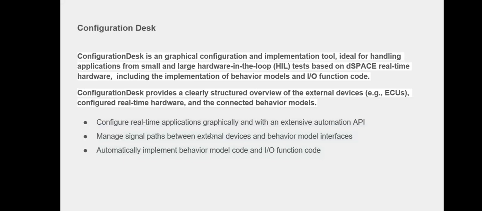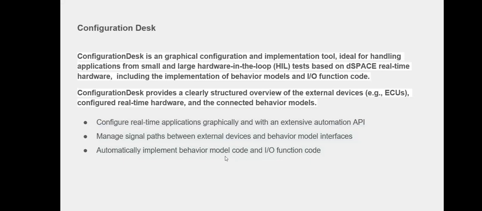So we can manage the signal path completely between the external device and behavior model interface. Behavior model is nothing but plant model. External devices in the sense ECU, right? So those things we can manage here, and automatically implement behavior model code and IO function code.